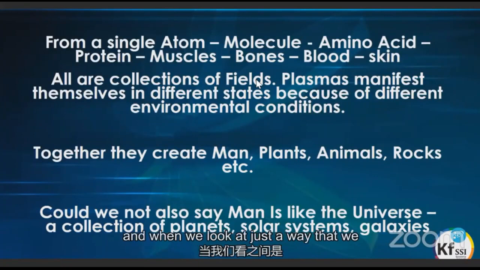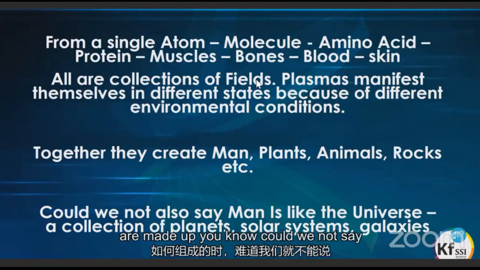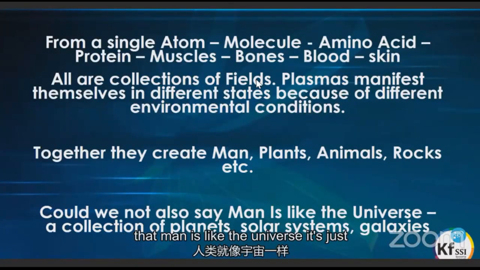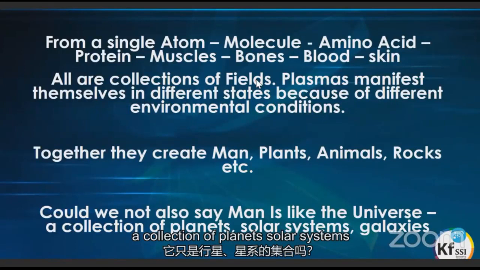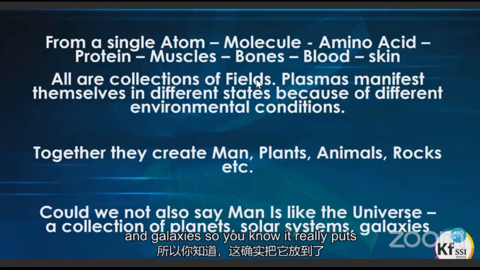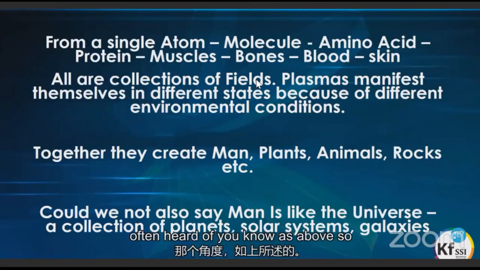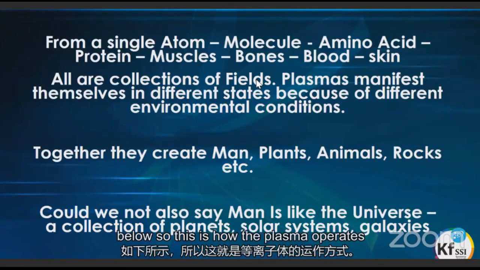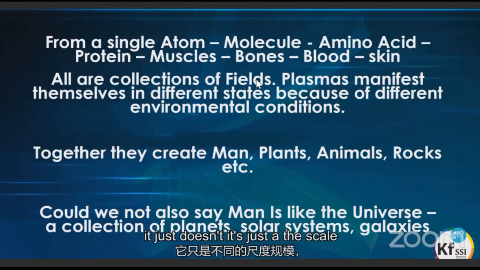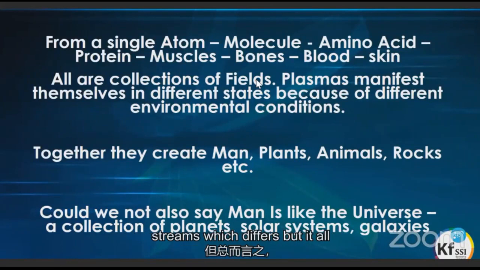And when we look at just the way that we are made up, could we not say that man is like the universe? It's just a collection of planets, solar systems and galaxies. So, it really puts into perspective what we've often heard of, as above, so below. So, this is how the plasma operates. It's just the scale that differs, or the different field strength which differs, but it all operates exactly the same.